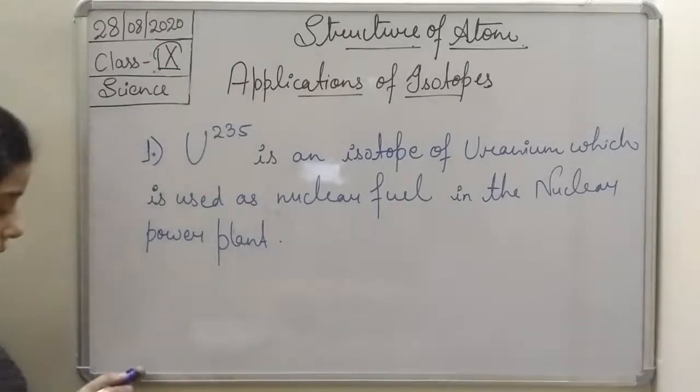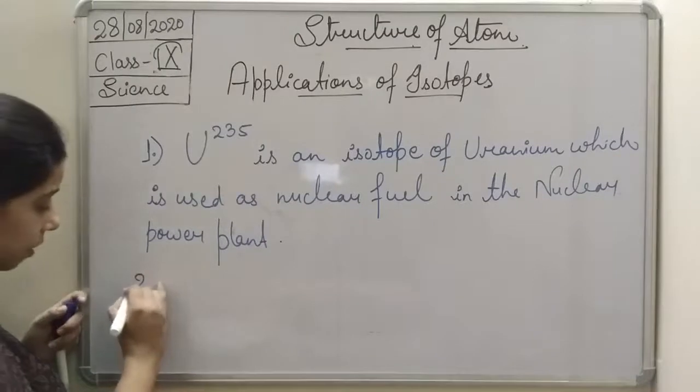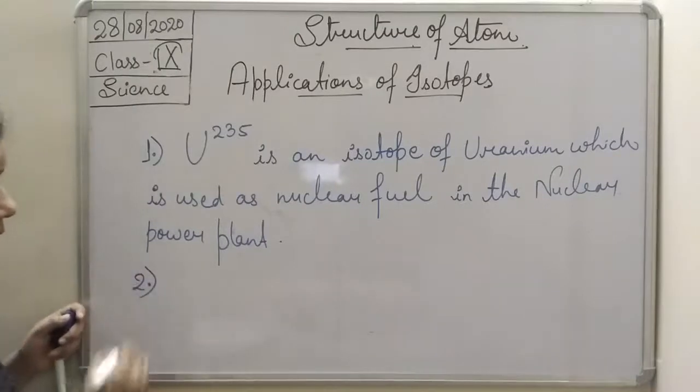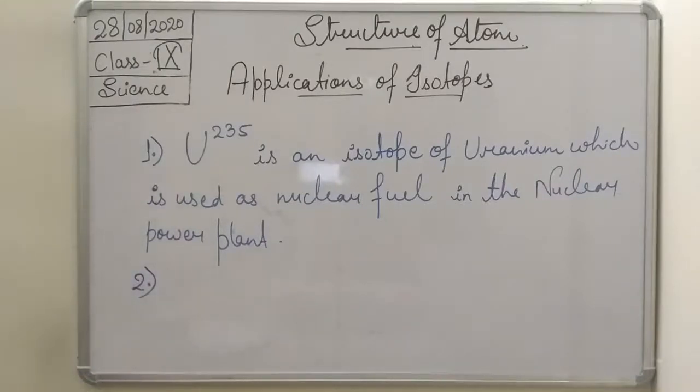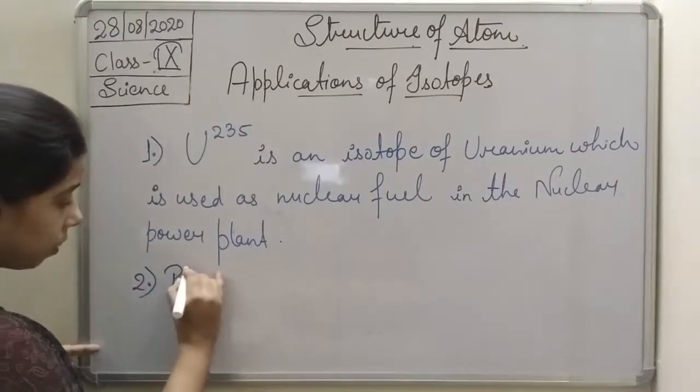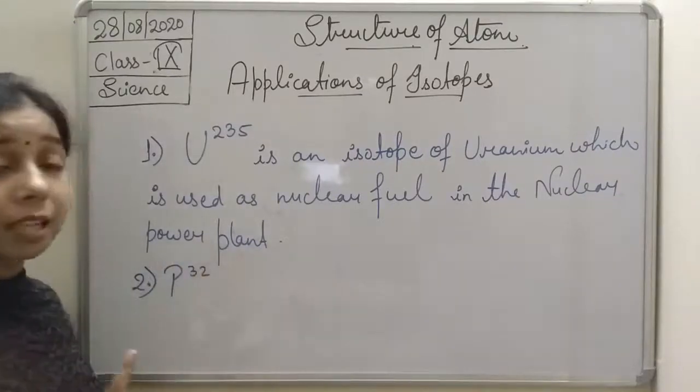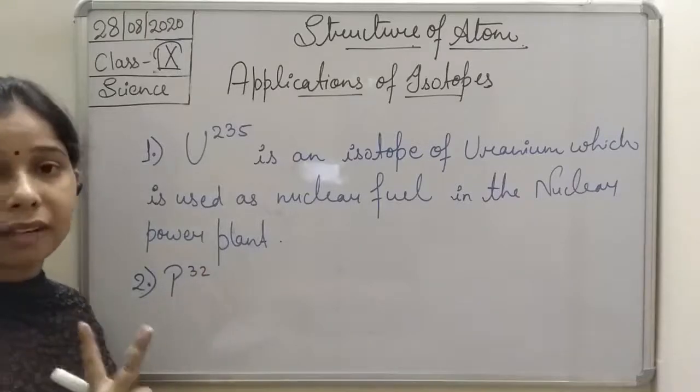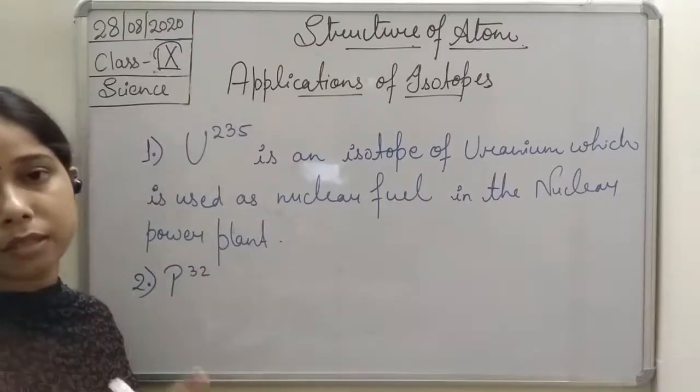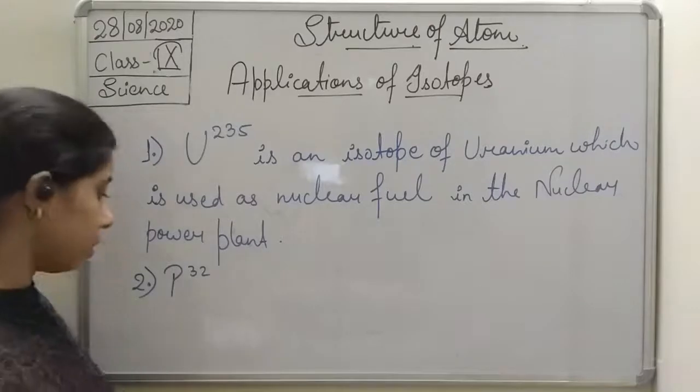So you see here, students, the first one is phosphorus 32. We discussed that phosphorus has two different types of isotope. Phosphorus 31 is there and phosphorus 32 is there.